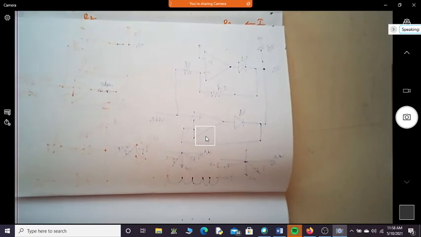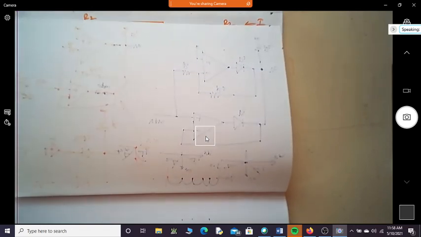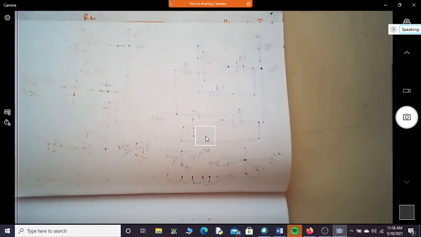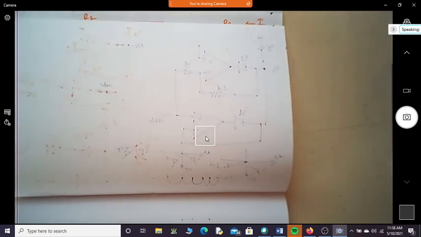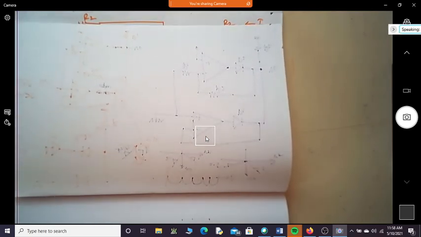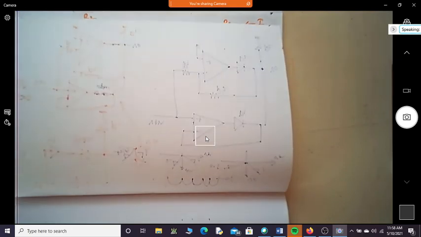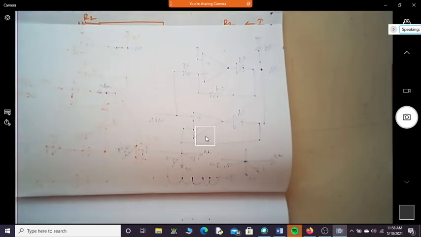When error comes, the frequency either increases or decreases, depending on the polarity of the error. If the polarity is positive, the frequency may reduce, and of course vice versa. So this is how your error voltage is changing the frequency of a VCO.